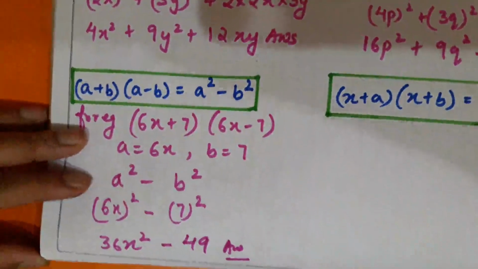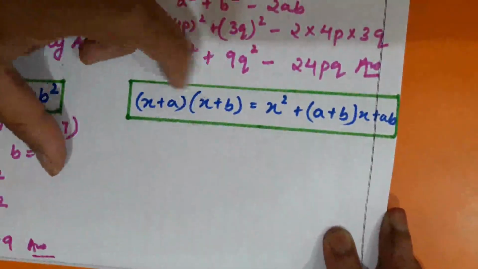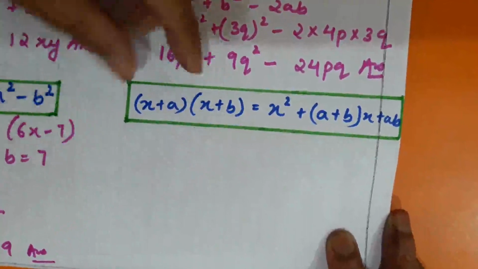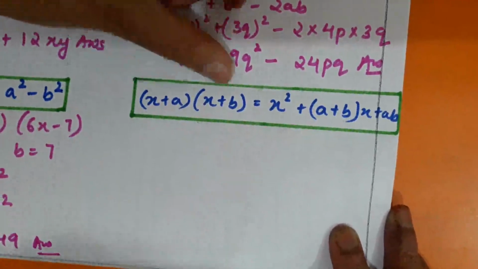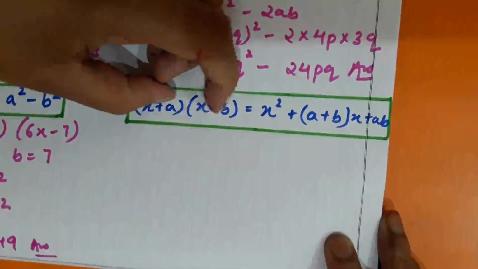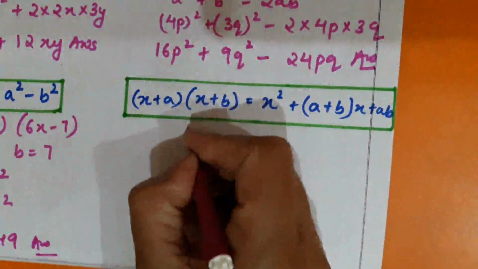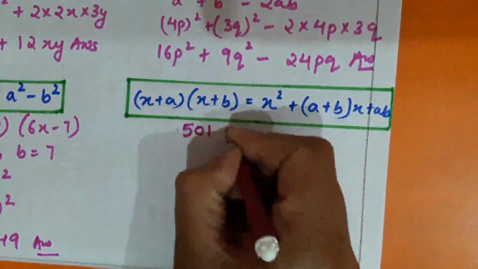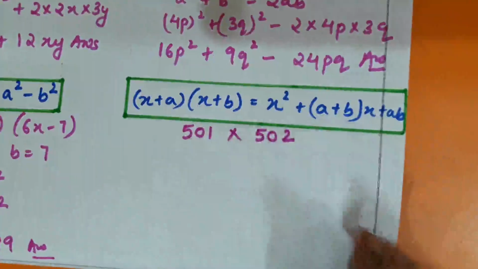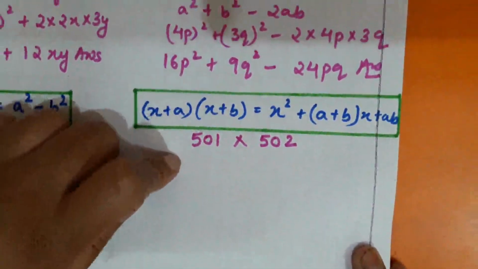Getting my point? Okay, now last identity we are having x minus a, x plus a, x plus b. So in this type of question, first value will be same and next two will be different. Suppose here a is there and another time b is there. So let's have an example. Like you are having 501 and 502. So you have to use the identity for multiplying these two terms, 501 and 502.